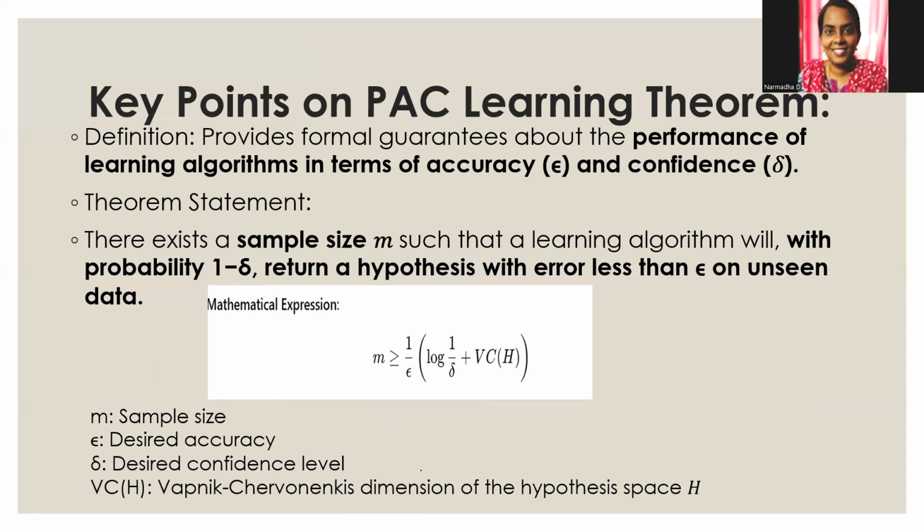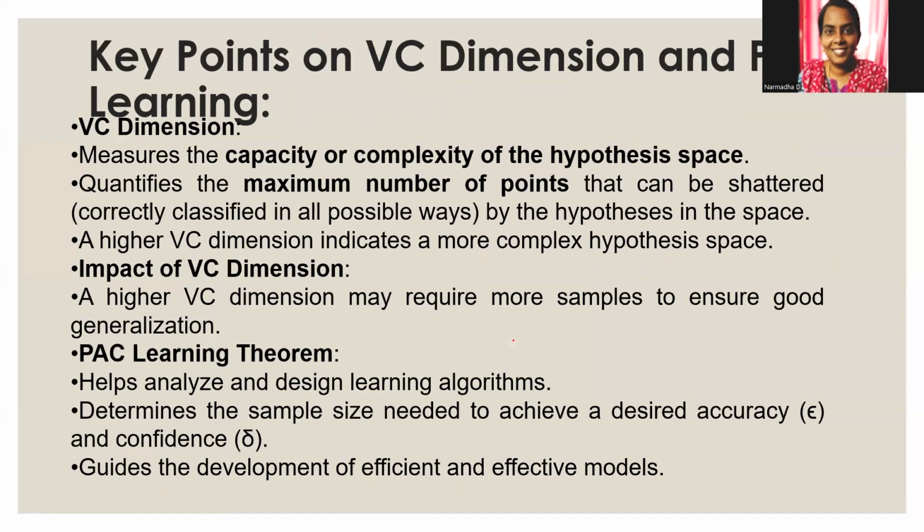This is the formula used to calculate the sample size: m is greater than or equal to 1 divided by epsilon, times the log of 1 divided by delta plus VC(H). Here m is the sample size, epsilon is the desired accuracy, delta is the confidence level, and VC(H) is the VC dimension of the hypothesis, the maximum number of data points that can be shattered correctly in all possible ways. This is your PAC learning.